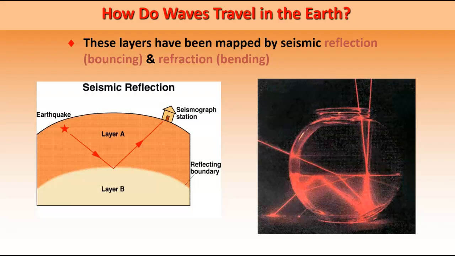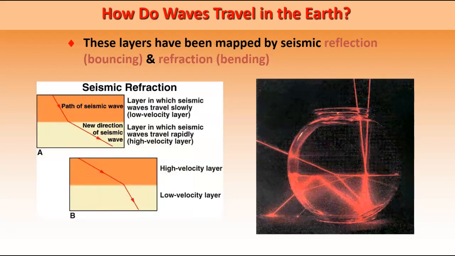In other places, the wave crosses over the boundary but changes its direction, and once again, that's related to its speed. So don't get too hung up on all this. We're just trying to tell you that this is how we're looking inside the Earth, using these properties of waves as they travel through different materials. So they refract, they reflect.